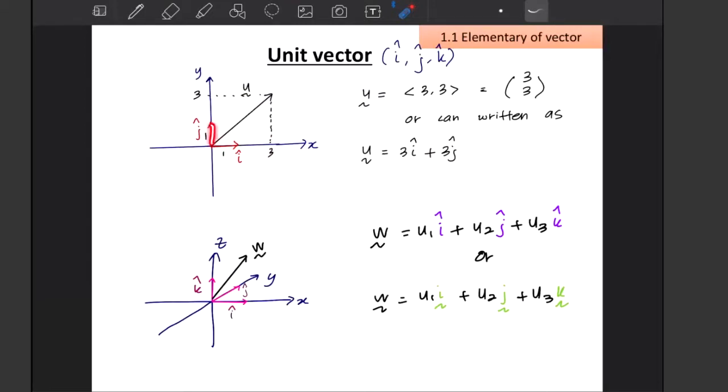So we have 1, 2, 3. So U equals 3I plus 3J. In 3 dimensions, we have an extra K. K is the unit vector in the Z direction.